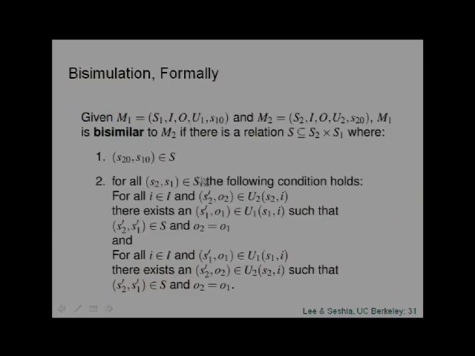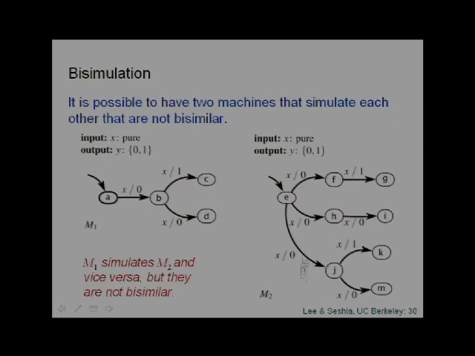So let's say you start off in A and E, and you make a step in A, then for every step of A, there is a next step in M2 such that it can mimic that. Okay, so that works out.